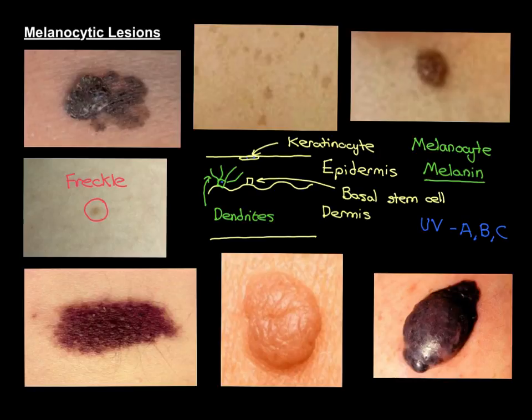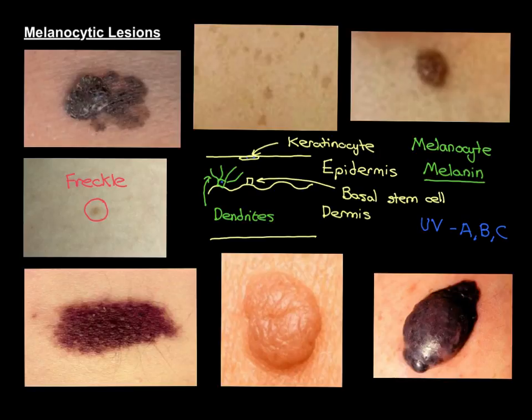In terms of melanocytes, what they actually are is an area of skin where the melanocytes are quite simply more active than in the surrounding areas. So this is really important to understand. They do not have more melanocytes. They represent a difference in the activity of the melanocytes.